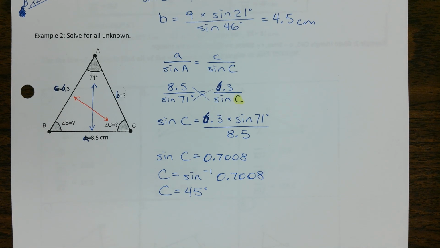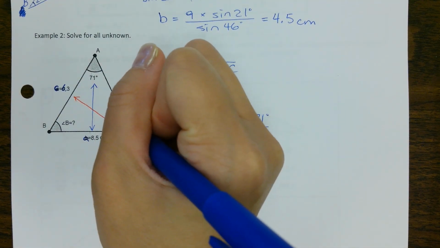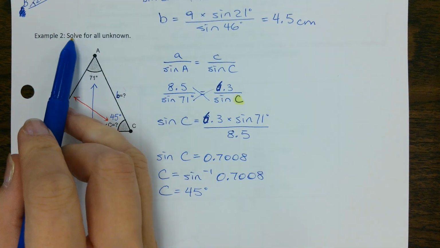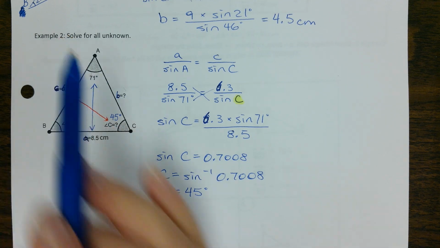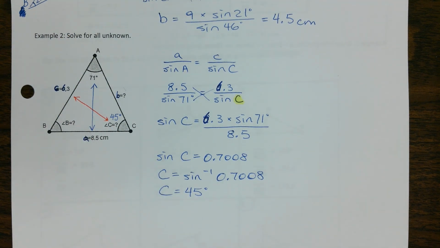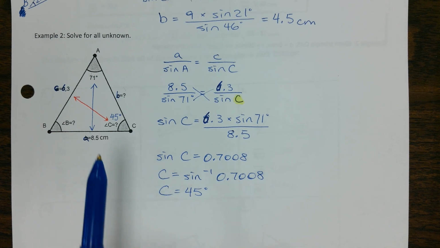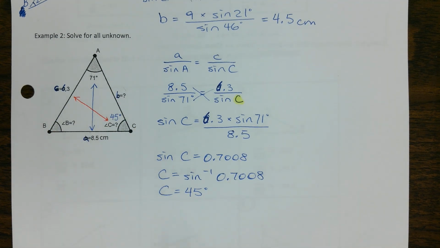So now that I have C is 45 degrees, the question does say solve for all unknowns. That means at the end, I should have answers for all 3 angles, all 3 lengths. What's the easiest thing to solve for now? Yep.